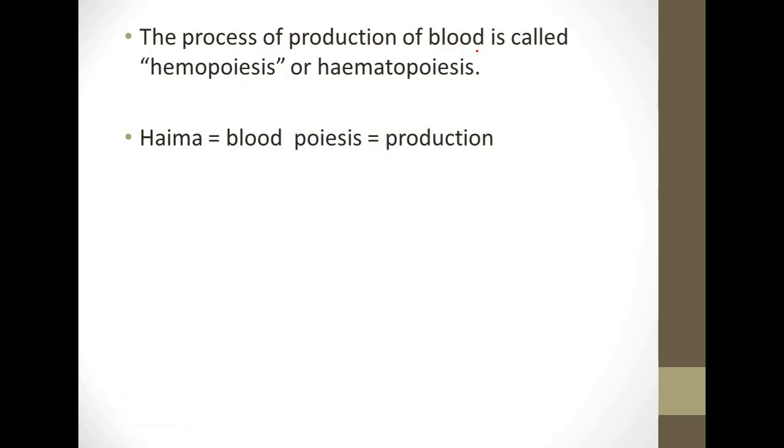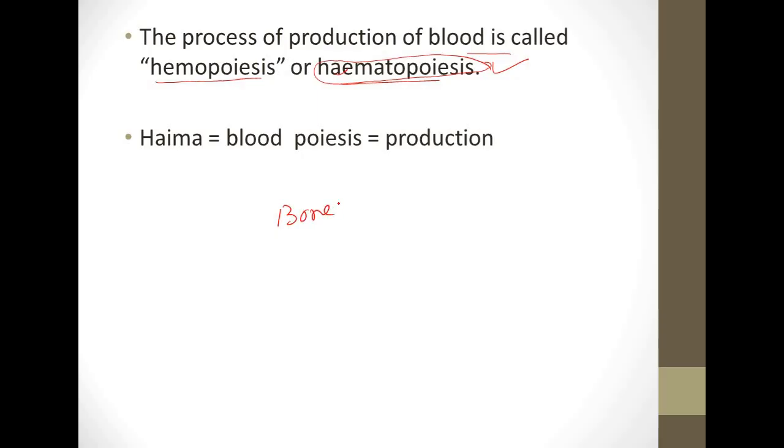The process of production of blood is called hemopoiesis or hematopoiesis. Okay, hematopoiesis is called the generation of blood, and where the blood is manufactured, that is the bone marrow.